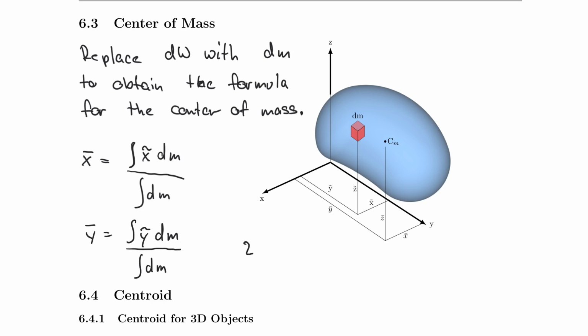And last but not least, z bar would be equal to the integration of z tilde dm divided by the integration of dm. And so once again, you only need to learn really one formula here.